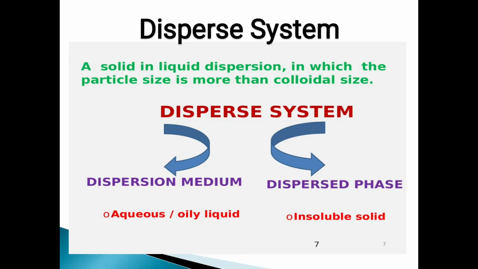In the last slide, we saw that a dispersion system consists of two phases, the dispersed phase and the dispersion medium. The dispersed phase consists of particles of various size ranges, and the dispersion medium can be water or any fluid-based liquid. A dispersed system is a solid or liquid dispersion in which the particle size is more than colloidal size.